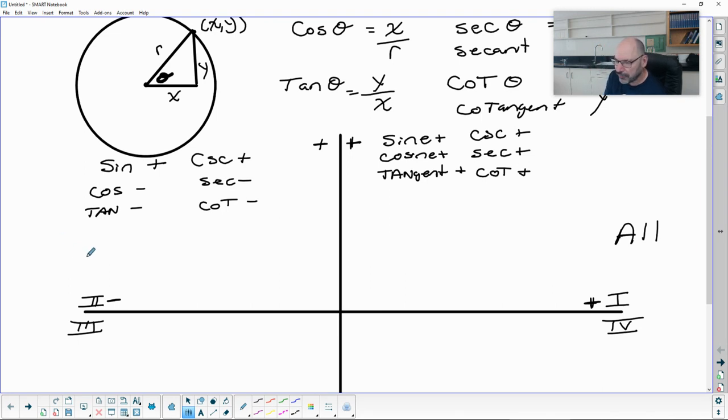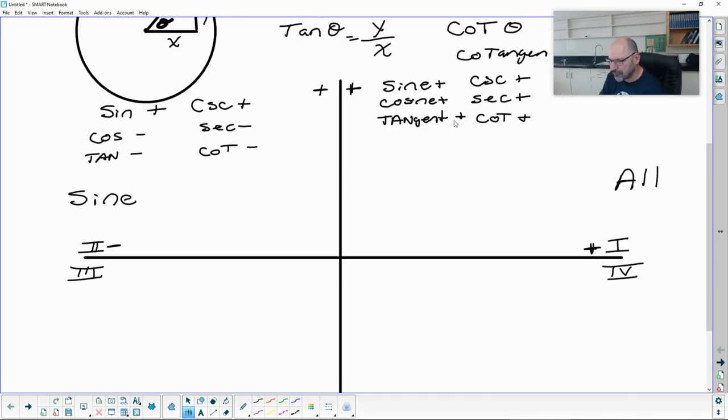So if we're just looking at the primary ratios, we say sine is positive. And the reason I'm doing that sine there first is because it's going to spell a nice word around here that will help you memorize this stuff.